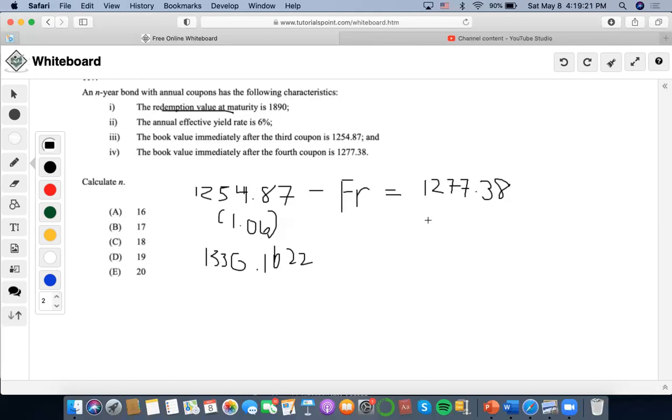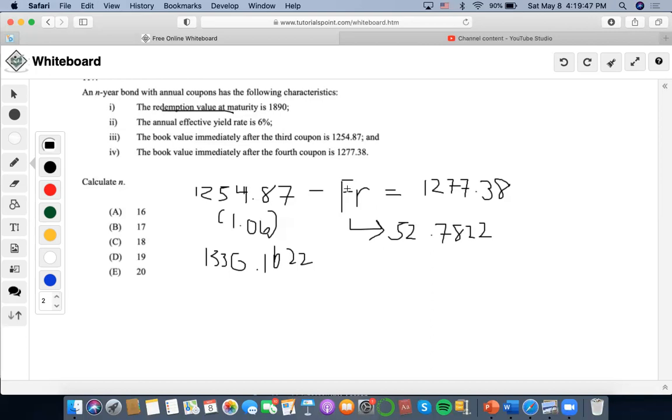Then we're going to divide by -1. So we're going to find out that the FR is going to be 52.7822, right?